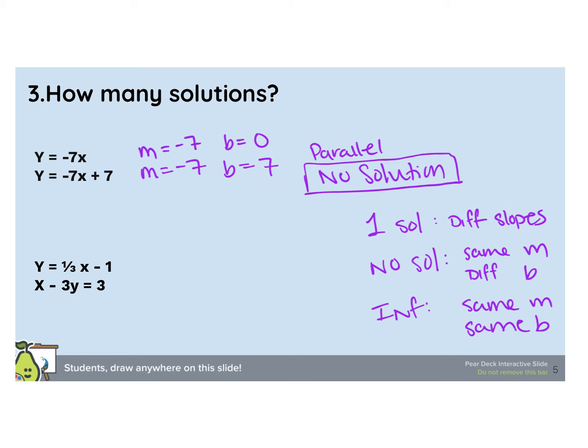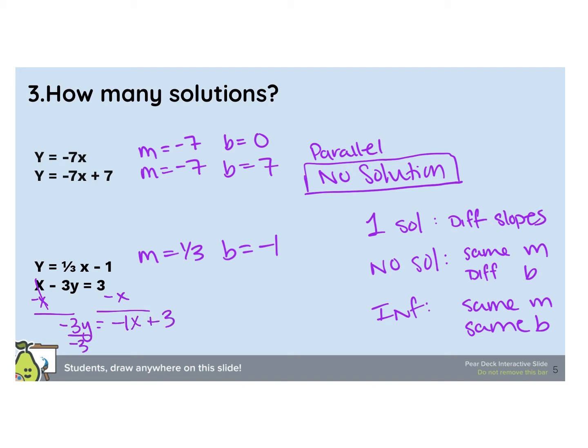So the first one is already solved. So the slope is 1/3, and the y-intercept is -1. But for the second one, I need to add an x on both sides. Oops, I mean subtract an x. I need to subtract an x on both sides. So I'm going to have -3y equals -1x plus 3.